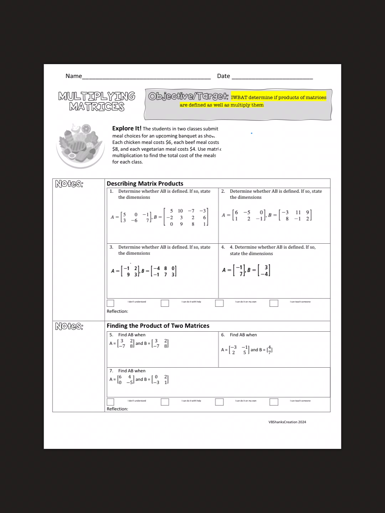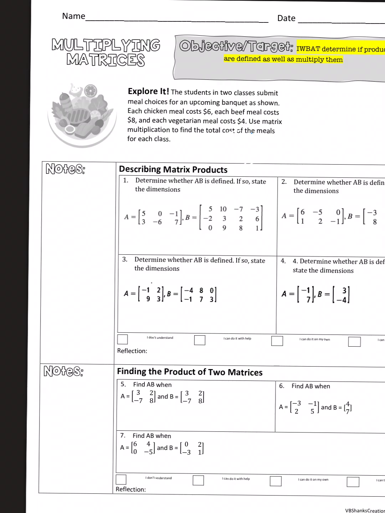Okay, so let's first talk about whether a matrix is defined or not, and how to write its dimensions if it is. To begin with, I'm going to write the rows and columns of each set of matrices. So, just for context, remember rows go across.